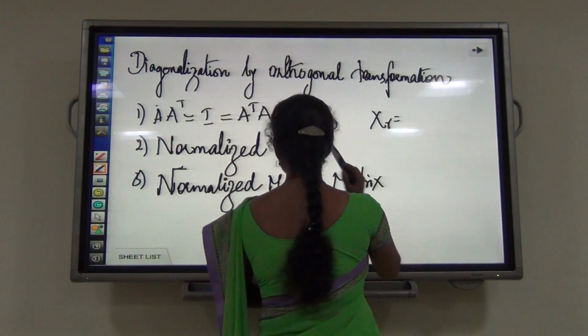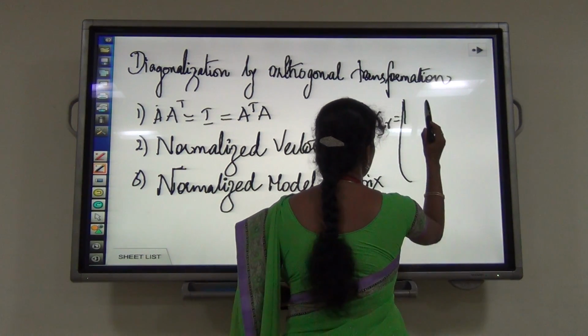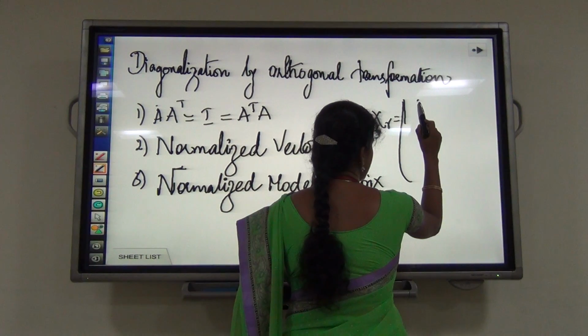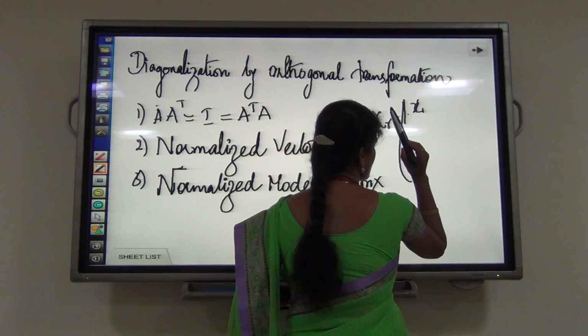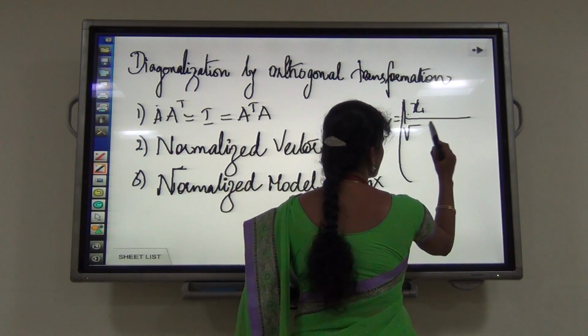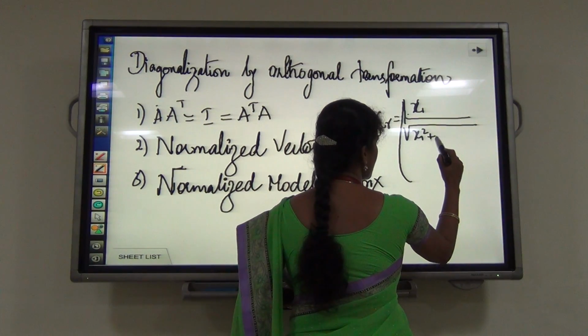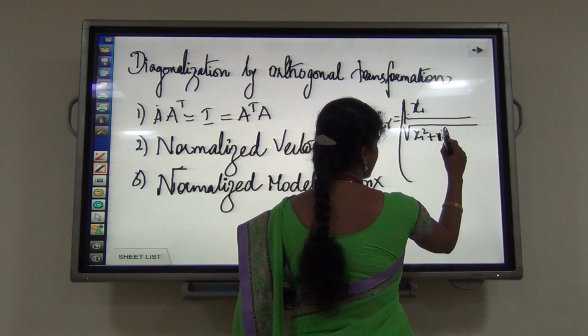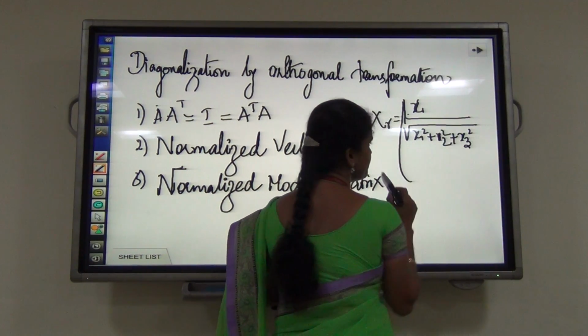Here, the normalized vector is obtained by dividing each of its elements. Let us take that element as x1, divided by the square root of the sum of the squares of all the elements, x1 square plus x2 square plus x3 square.